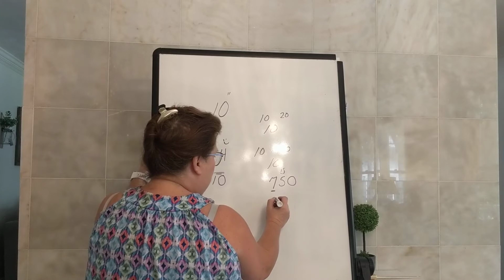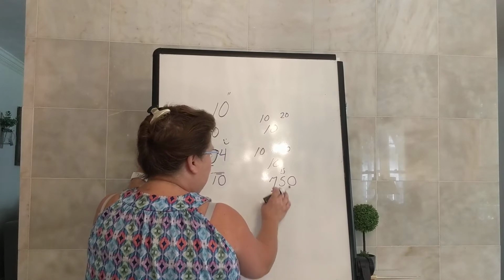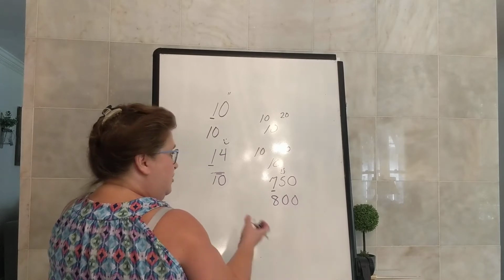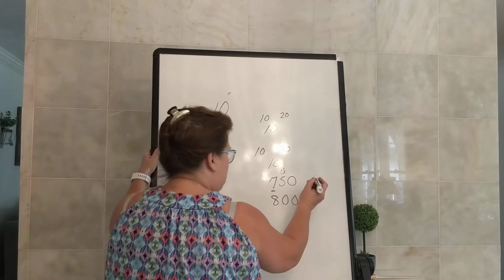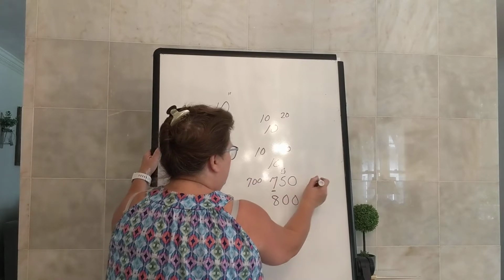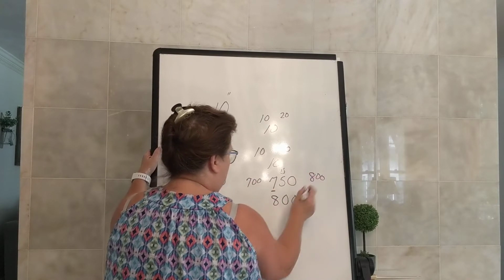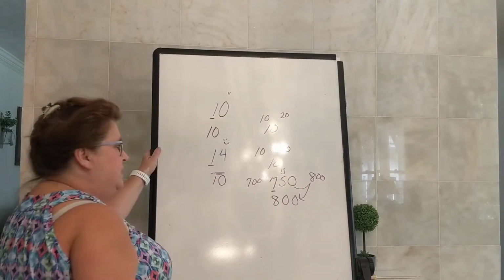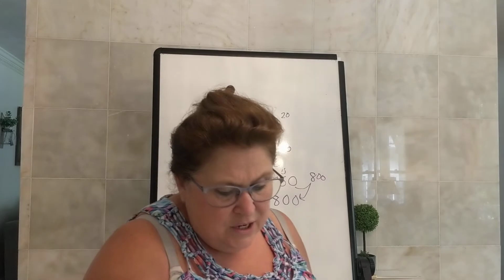So 7 plus 1 becomes 8, and everything after our rounded digit becomes zeros, 800. You can do it that way, or you can think to yourself, is 750 closer to 700, or is it closer to 800? And it is closer to 800, so either way, your rounded number is 800, okay?